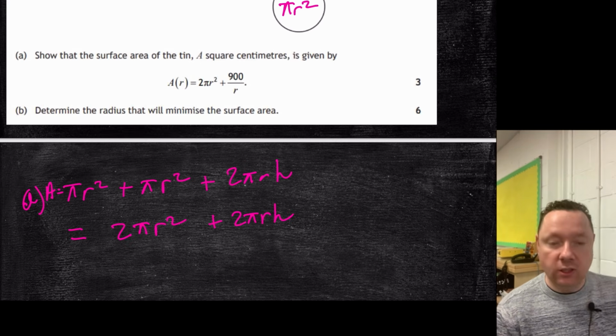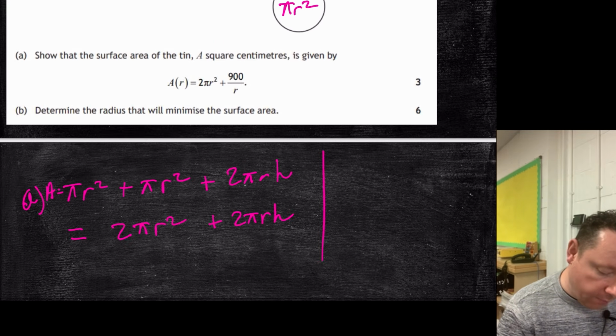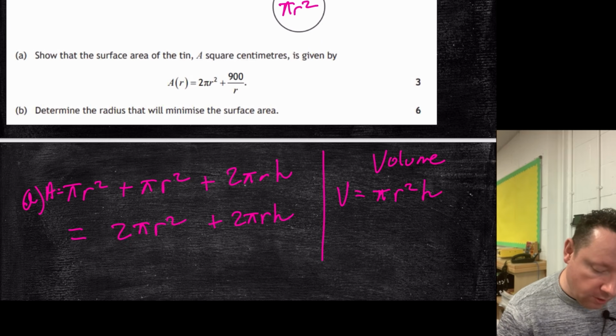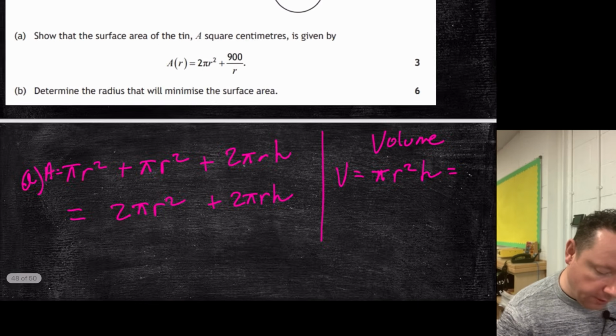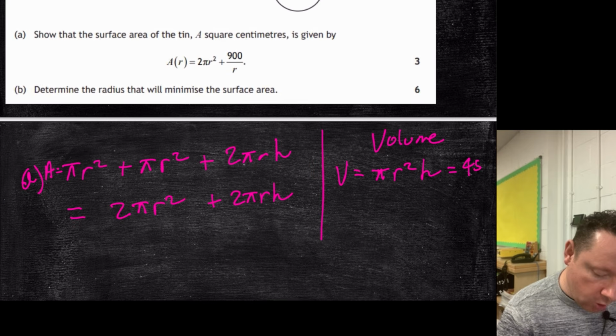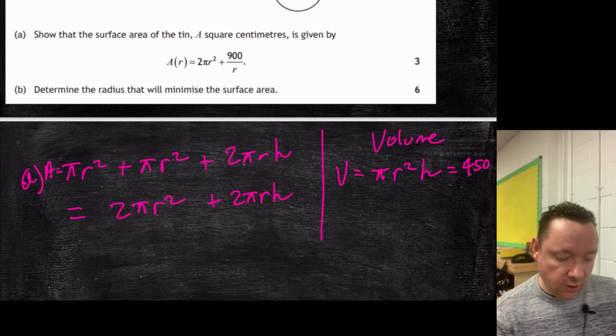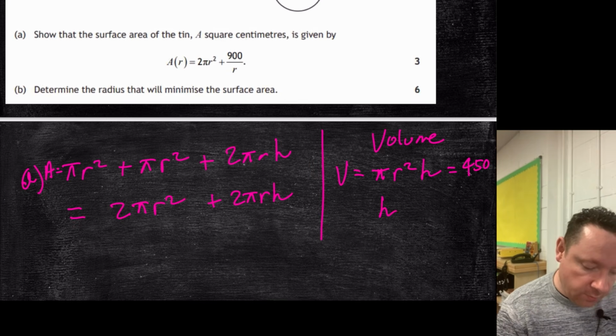Obviously that h is going to disappear because looking at the volume of the tin, the volume is pi r squared h because it is a cylinder. And that equals a number which is 450. So we can rearrange this equation to make h the subject. Just dividing through, 450 over pi r squared is the height.